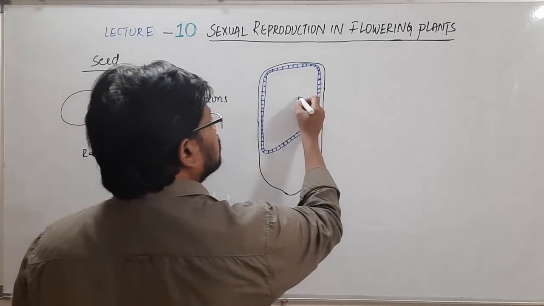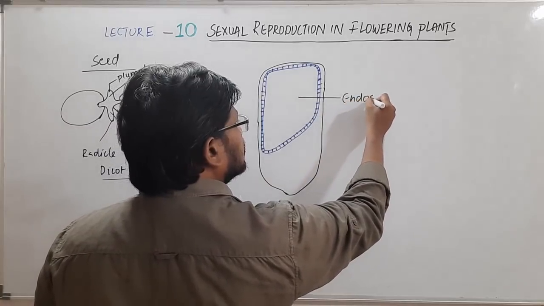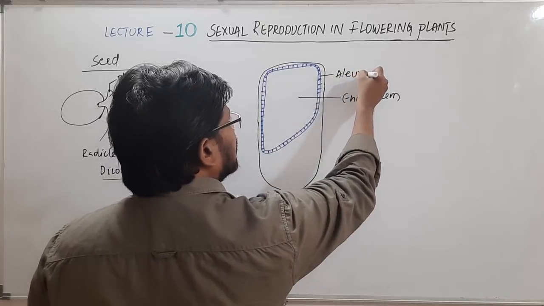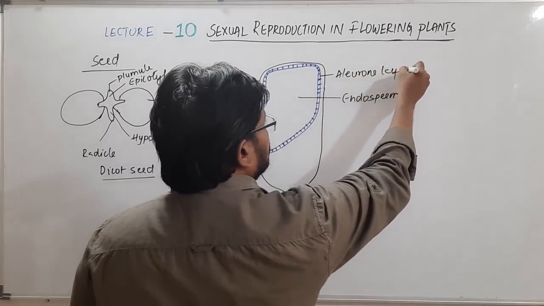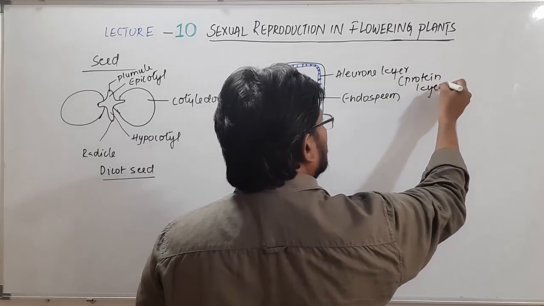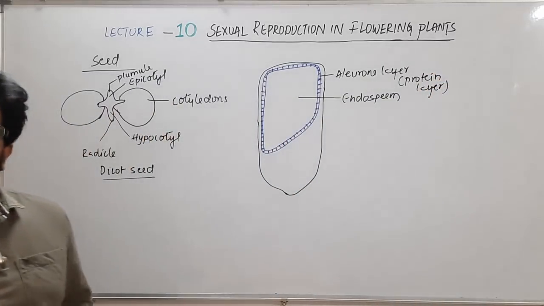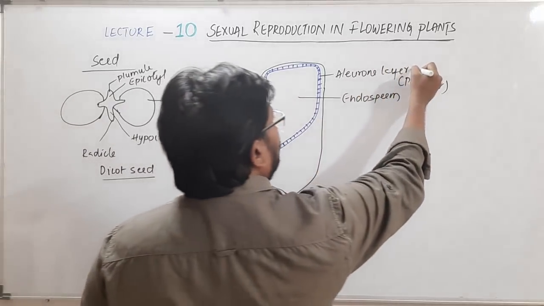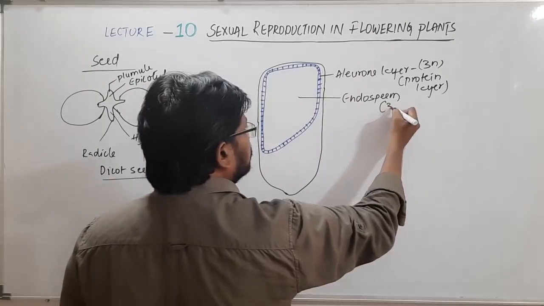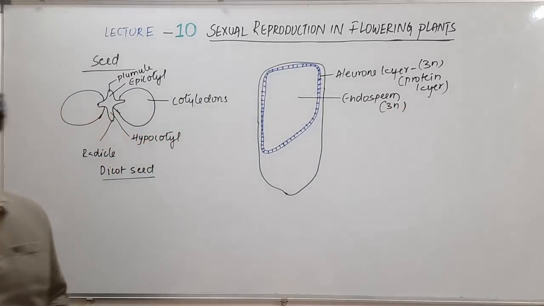Whatever you see here is the endosperm, and this is the aleurone layer, which is in fact a protein layer. The aleurone layer is also triploid along with the endosperm.